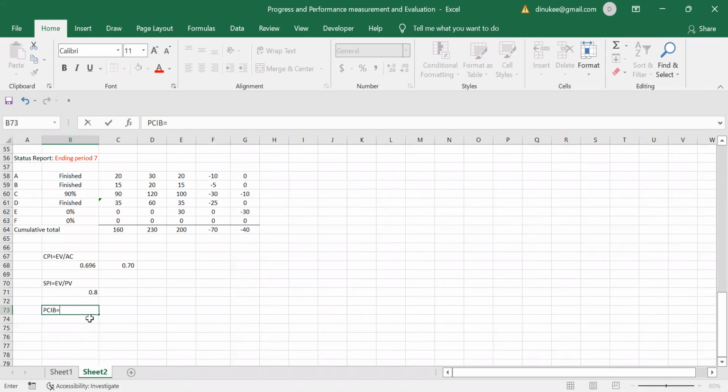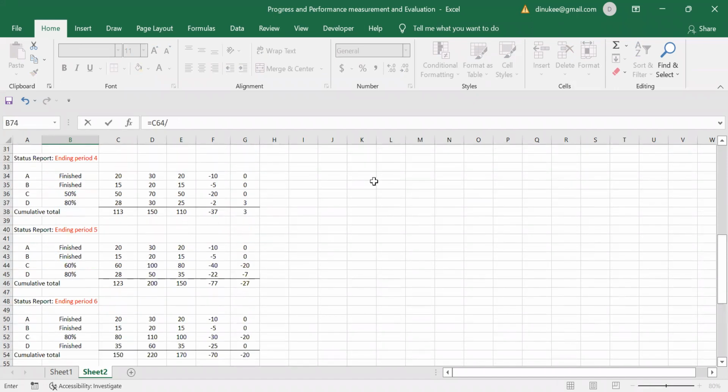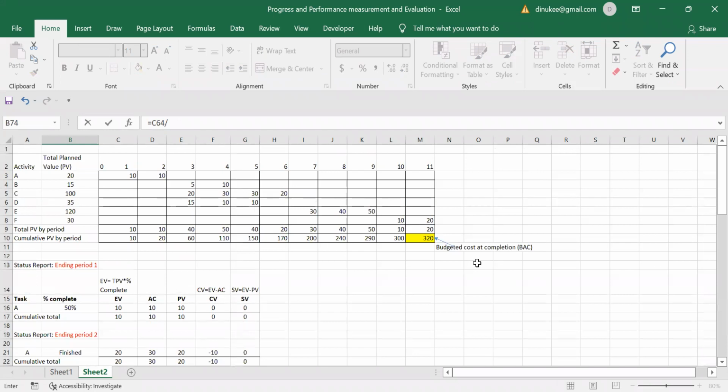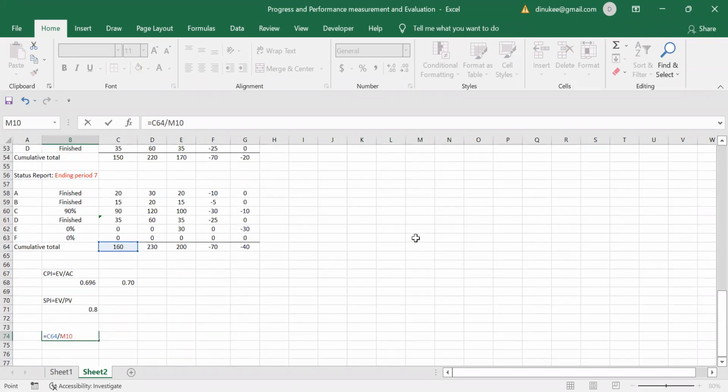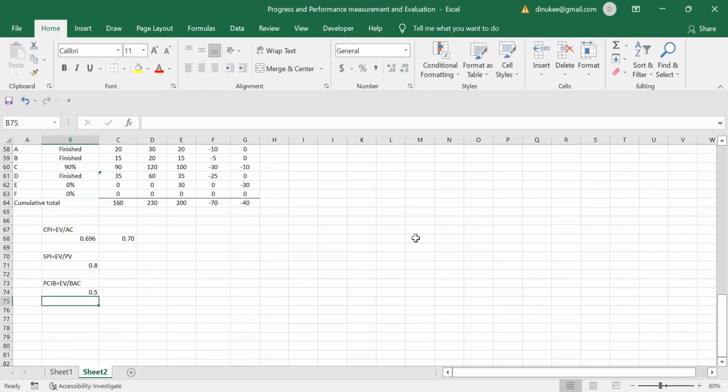You have to get earned value. That earned value has to be divided by BAC, right? So the earned value is how much? It is 160. BAC, we now know, is budgeted cost at completion. It is 320.